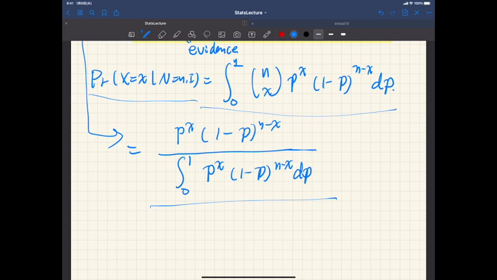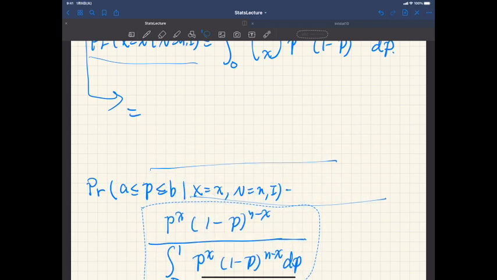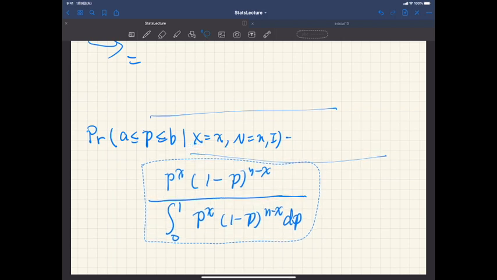Of course, if you want to calculate the probability that this p resides in some interval from a to b, for example, given that the number of heads was x, the number of flips was n, and I, then we just integrate this function from a to b.